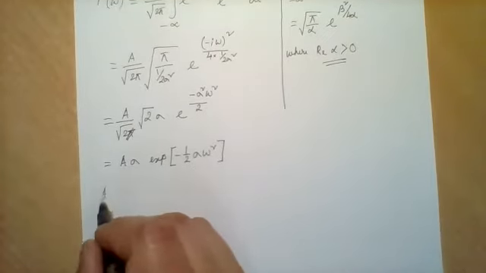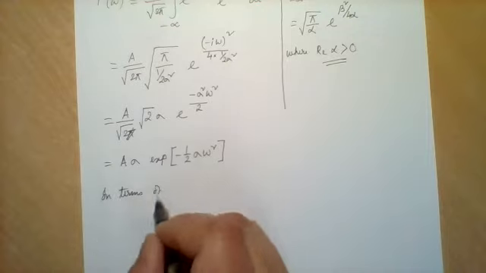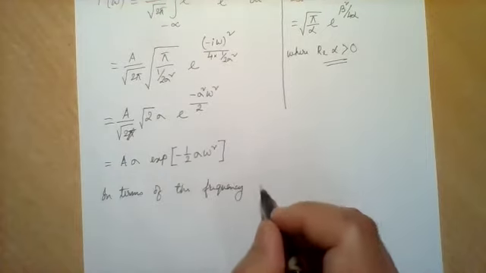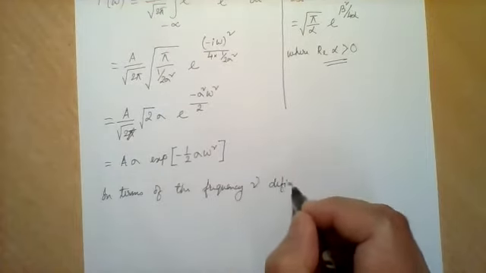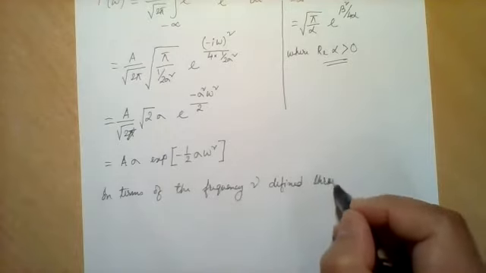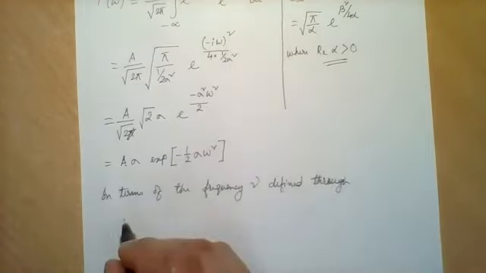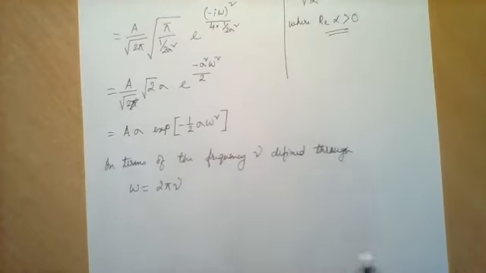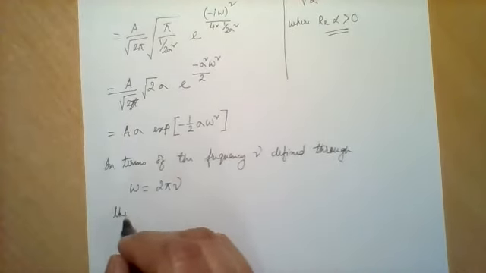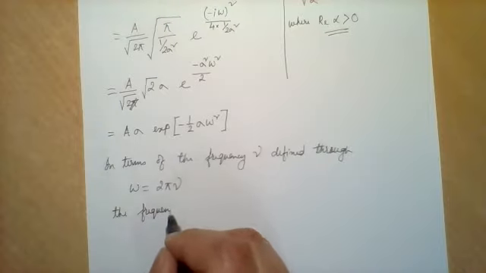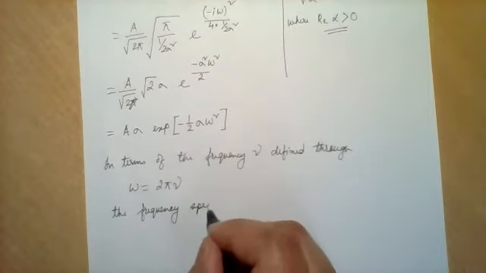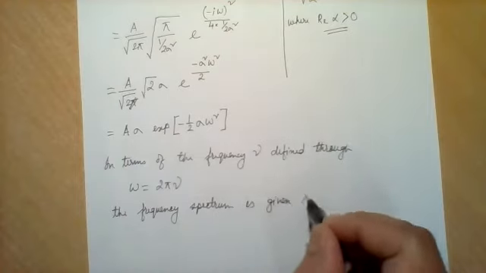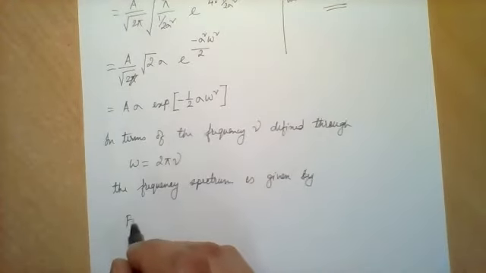So in terms of the frequency nu defined through omega equal to twice pi times the frequency, the frequency spectrum is given by f of nu.